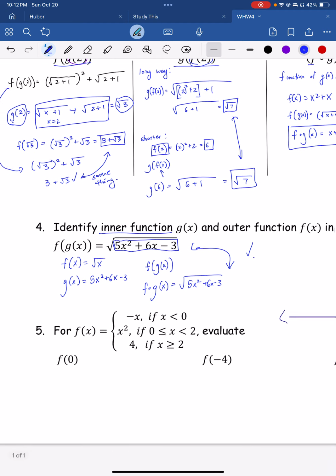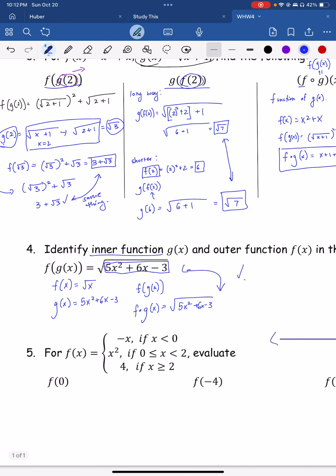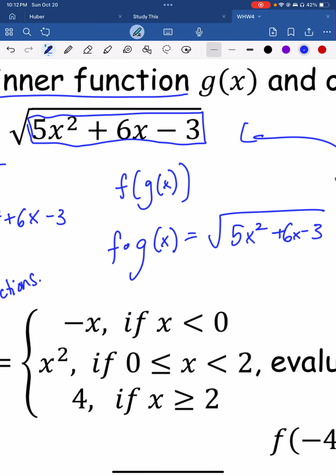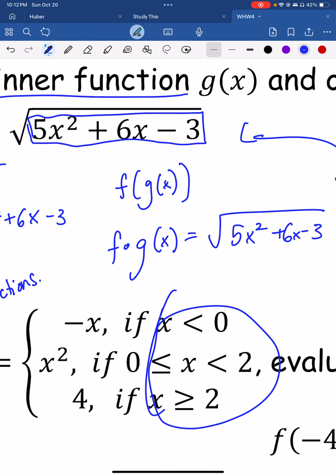Okay, for number 5, these are called piecewise functions. Piecewise functions take advantage of the domains. They set very specific domains.